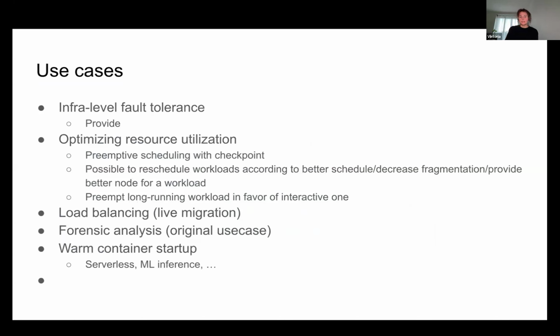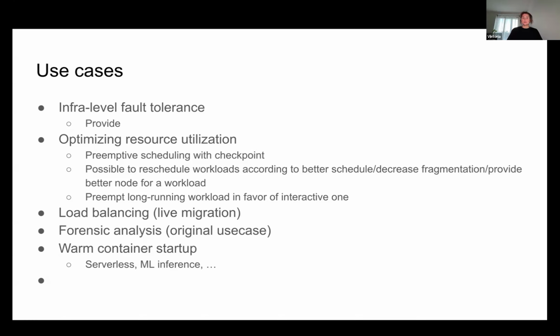And there are multiple use cases where we can utilize checkpoint restore. We usually present all of these, such as infrastructure level fault tolerance. It seems I miss something here, but we can imagine it as when you have a very long running job and just want to periodically checkpoint it, to provide fault tolerance.